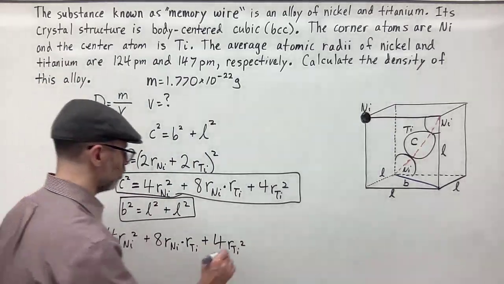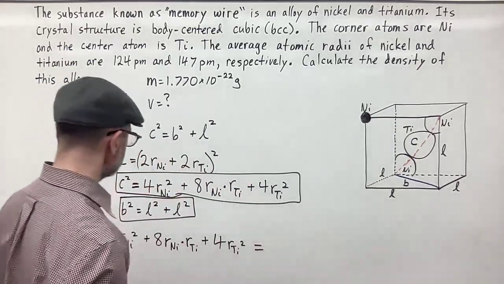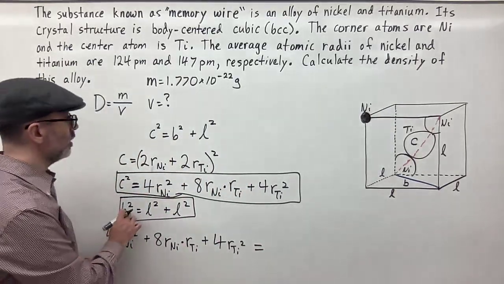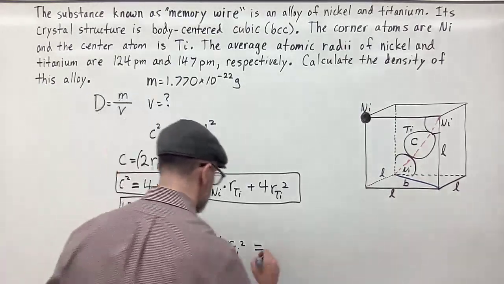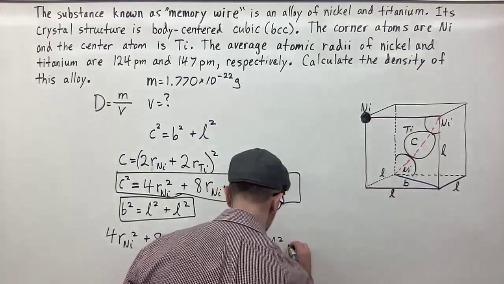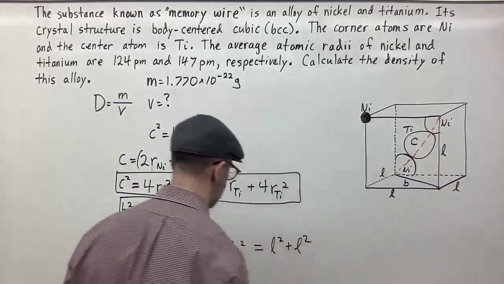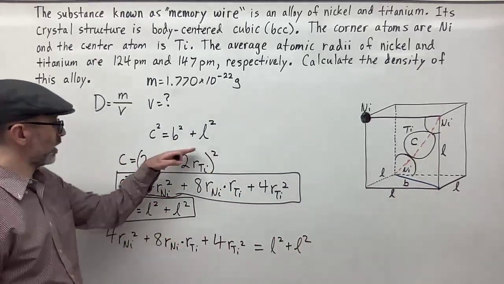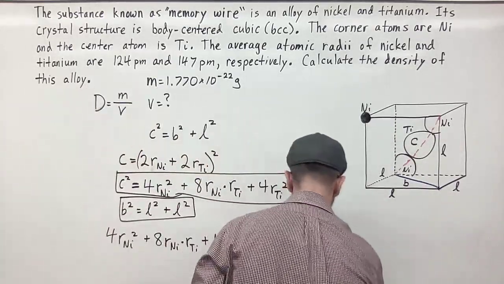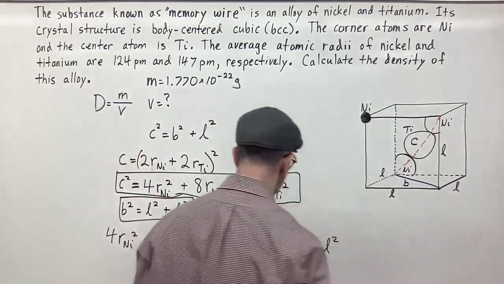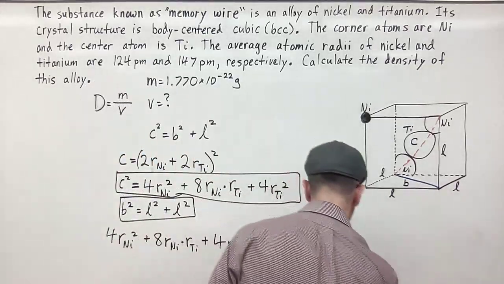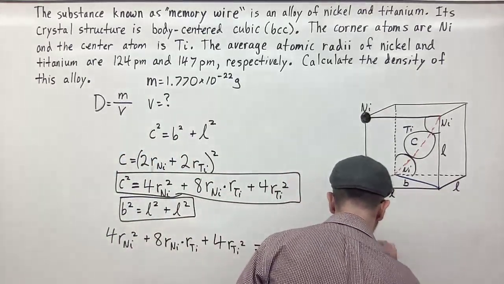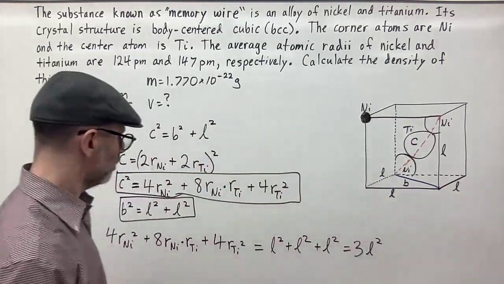That is all equal to b squared plus L squared. So b squared is going to be L squared plus L squared, and then we have L squared. So L squared plus L squared plus L squared is just 3L squared.